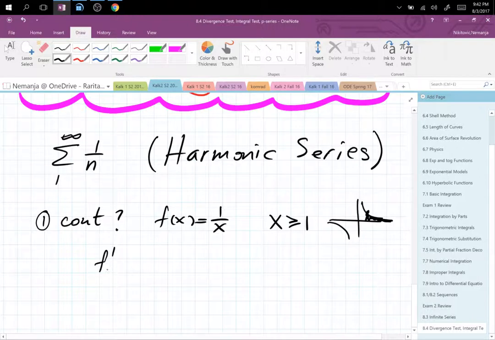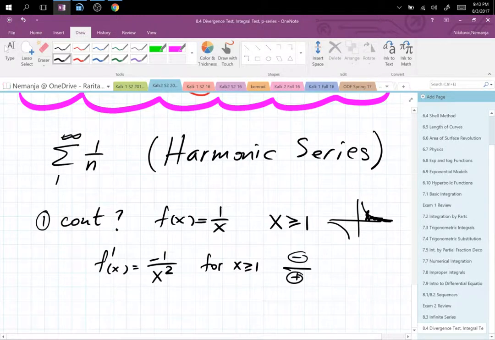I will take the first derivative. I will get negative 1 over x squared. And I will simply say for x bigger than 1, I always have a negative number divided by a positive number, which is always negative. Therefore, it's decreasing. We know from Calc 1 that a negative first derivative says decreasing.